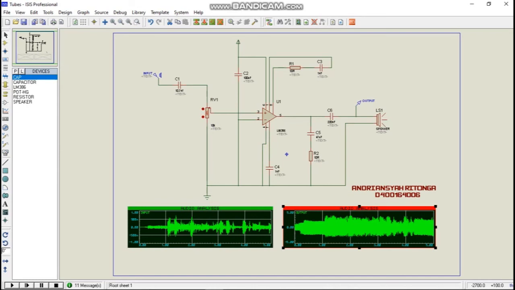On this work we use several components such as diode, resistor, adjustable resistor, IC LM386, speaker, resistor, and ground, as well as audio analysis as the graph of the audio we input.